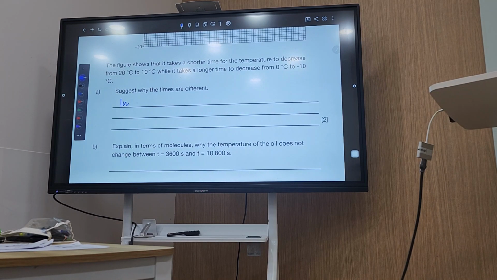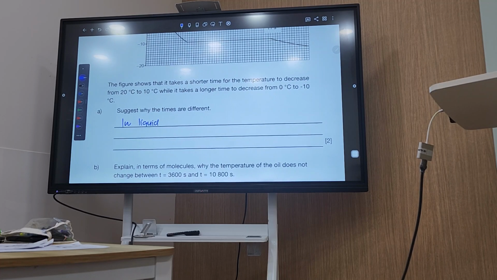in liquid state, from 20 degrees to 10, there is a bigger temperature difference between the oil and the freezer.